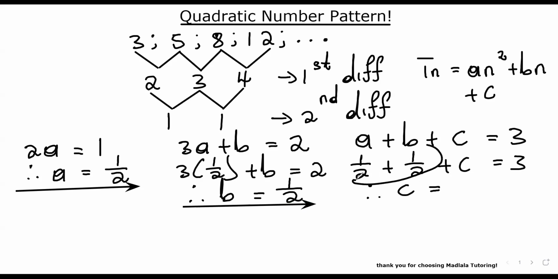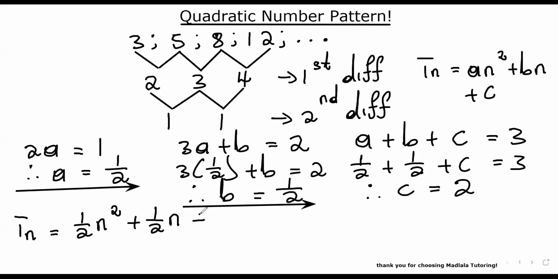So this means our constant is just going to be 2, because this gives you 1, and if you take 1 to the right, it becomes negative. So this means our general term is just going to be 1/2 n squared plus 1/2 n, and then you say plus 2.